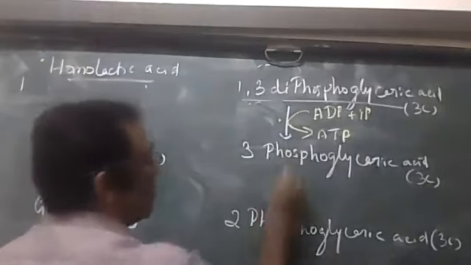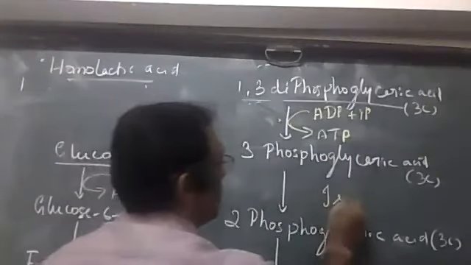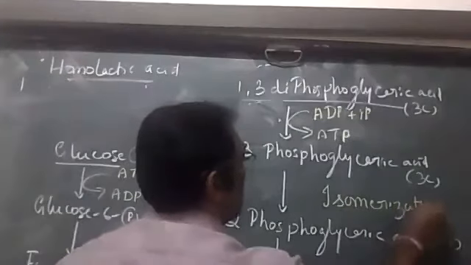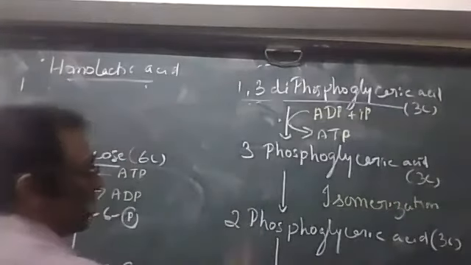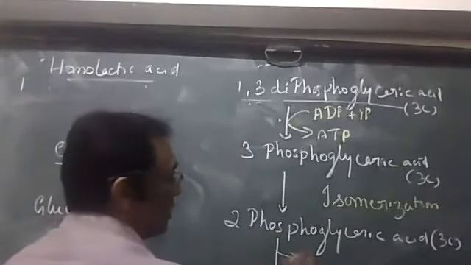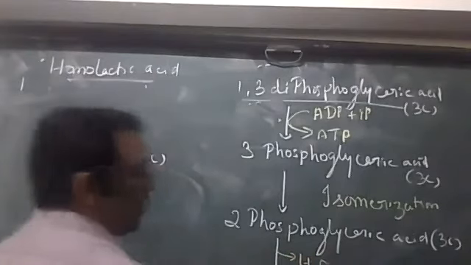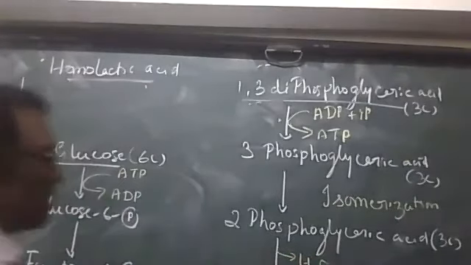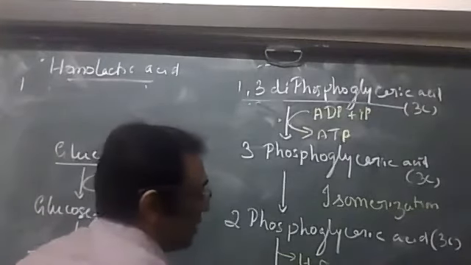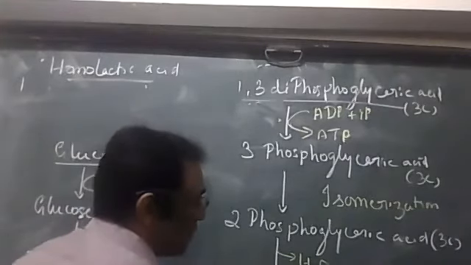This is isomerization. 2-phosphoglyceric acid to phosphoenol pyruvate. What is it? Removal of water. Phosphoenol pyruvate to pyruvate, what is formed? Again, ATP is formed.